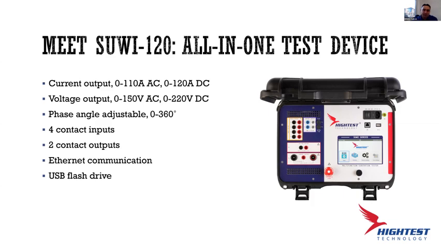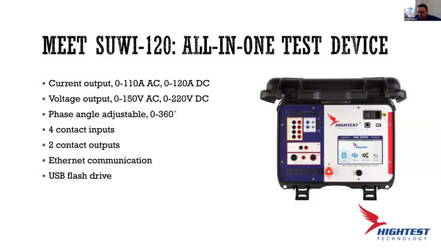We have a single device that performs all these tests. Basically, with our SUVI, you can test your relays, circuit breakers, and also CT, VT. You can do the contact resistance test, and also the turns ratio test for three-phase transformers.